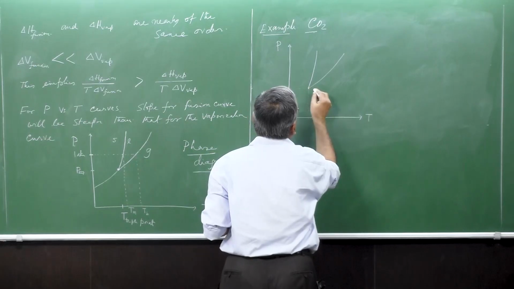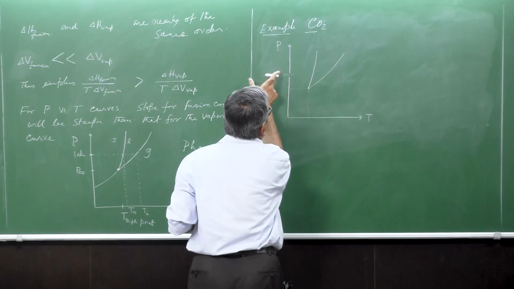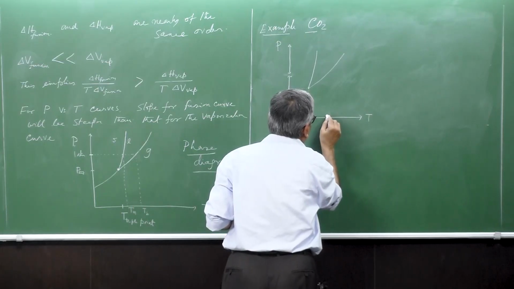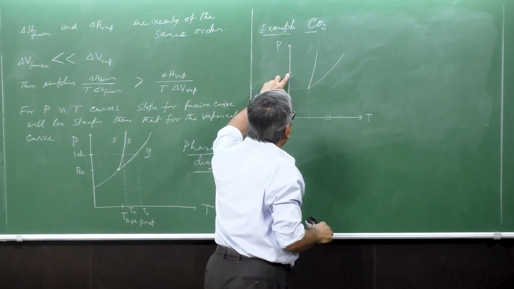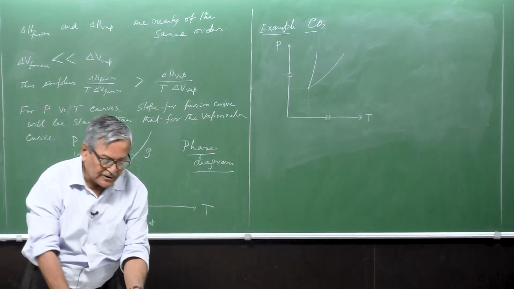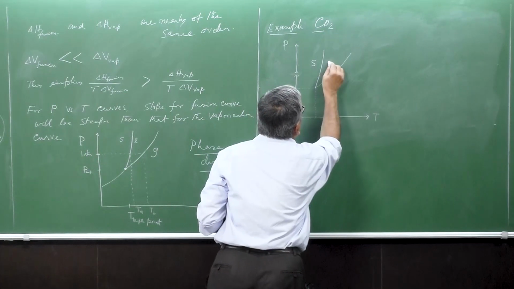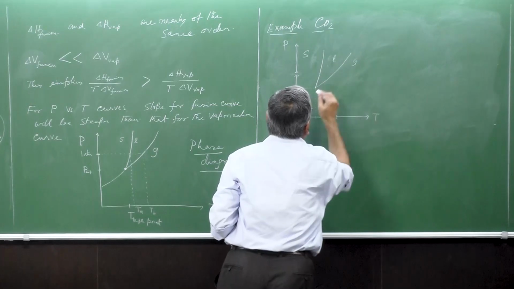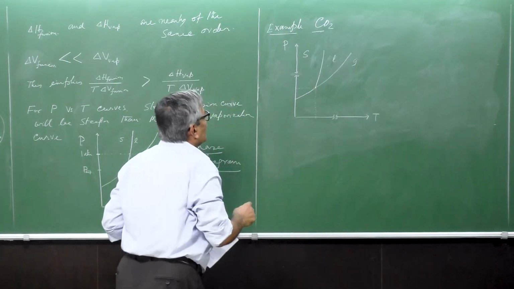Since I am considering the specific values, I need this breakage point to show that what I am drawing is not really a completely linear curve. So this is the solid phase, liquid phase, gas phase, as usual. This is again the line between the solid and the liquid.